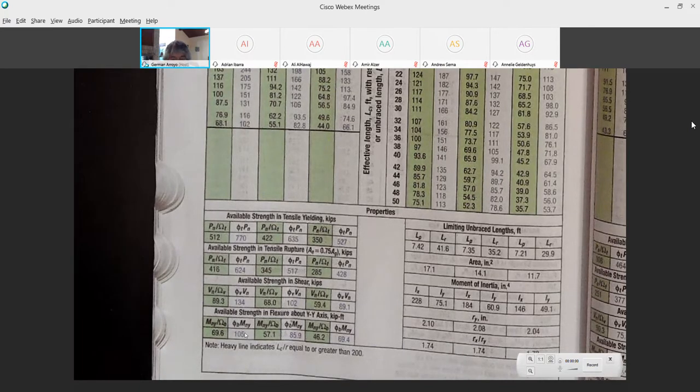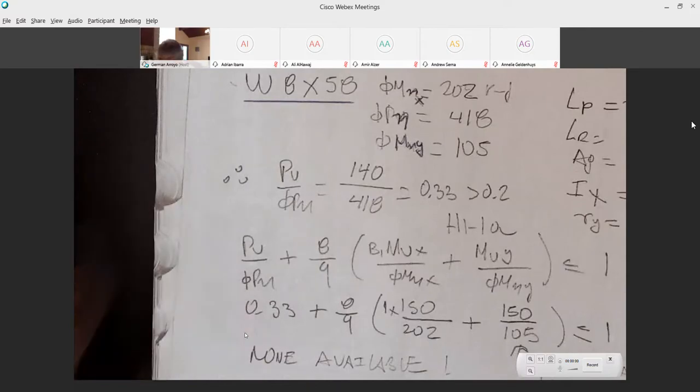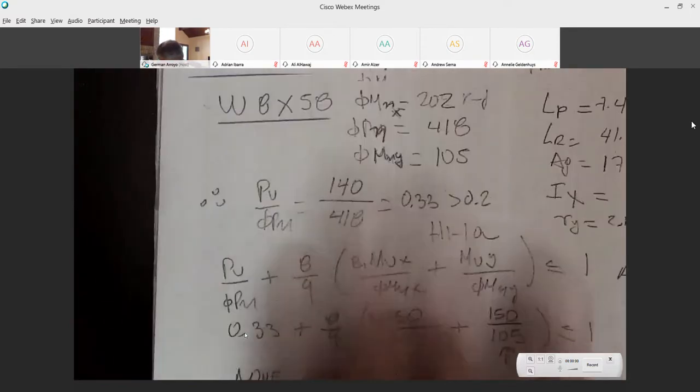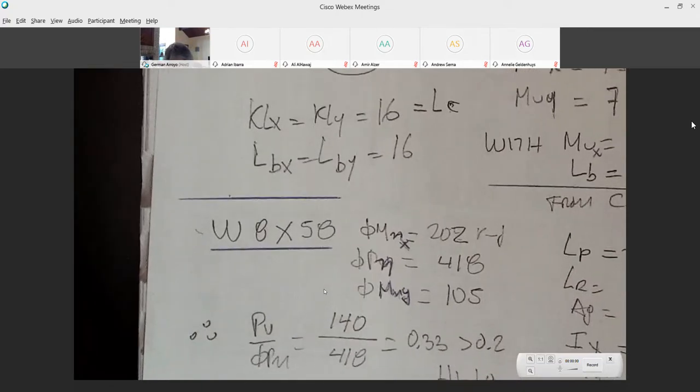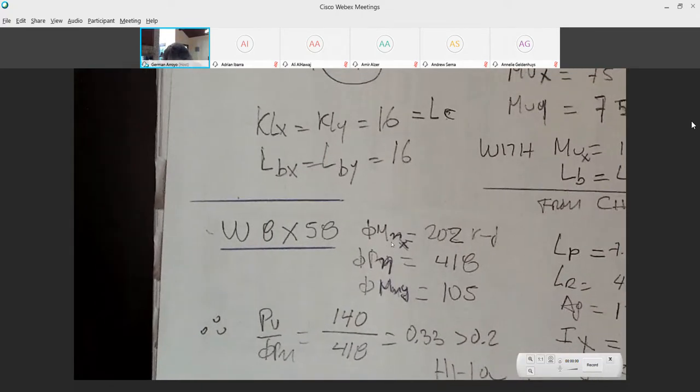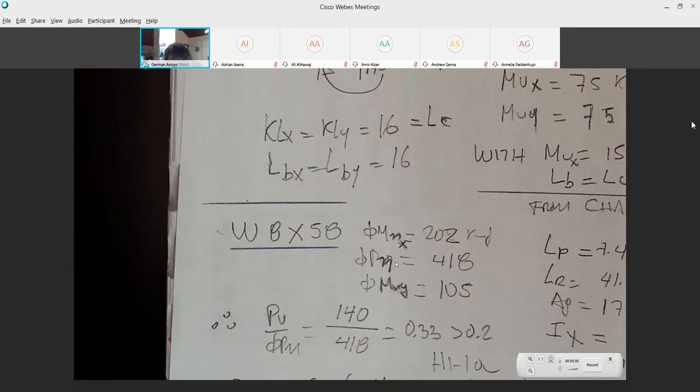So from this page, I got phi M to N x, phi P to N, and phi M to N y, because we have biaxial. So for W8 by 58, I had a phi M to N x, phi P to N, and phi M to N y. So this comes from the table.